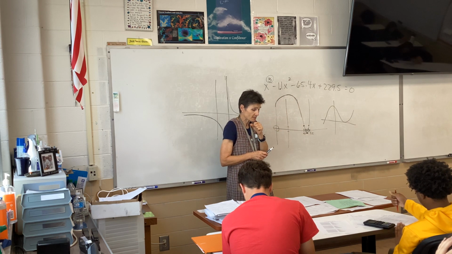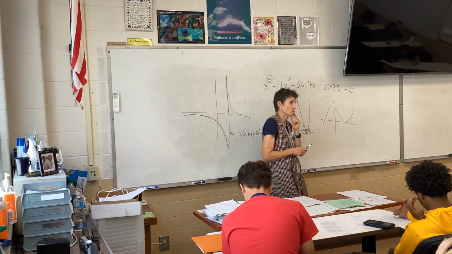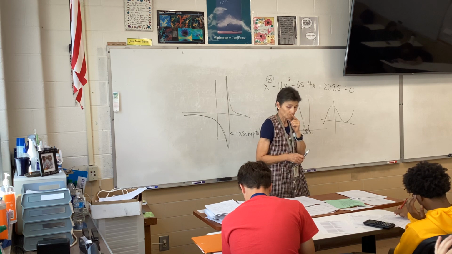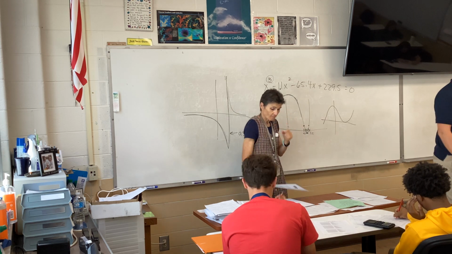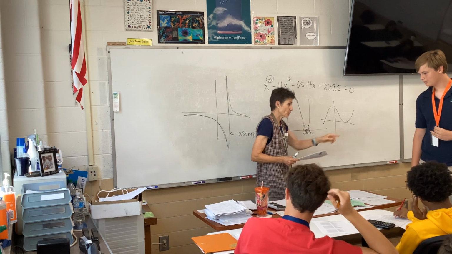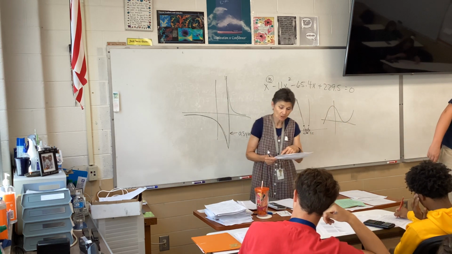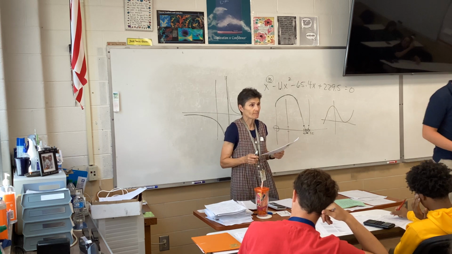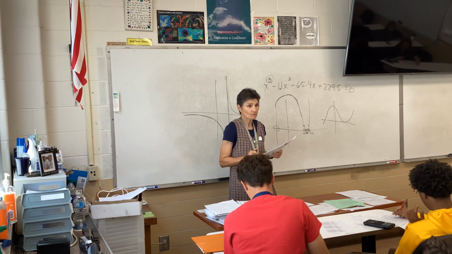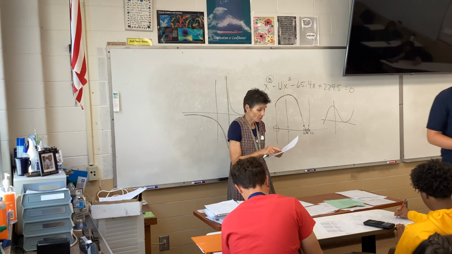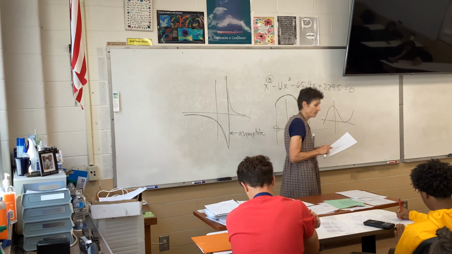Now the graphs are super simple to match with the equations, right? Because, first of all, one of the graphs is a curve. The only equation that's going to yield a curve is the third one, isn't it? X squared gives you a parabola. So the third equation goes with the first graph.